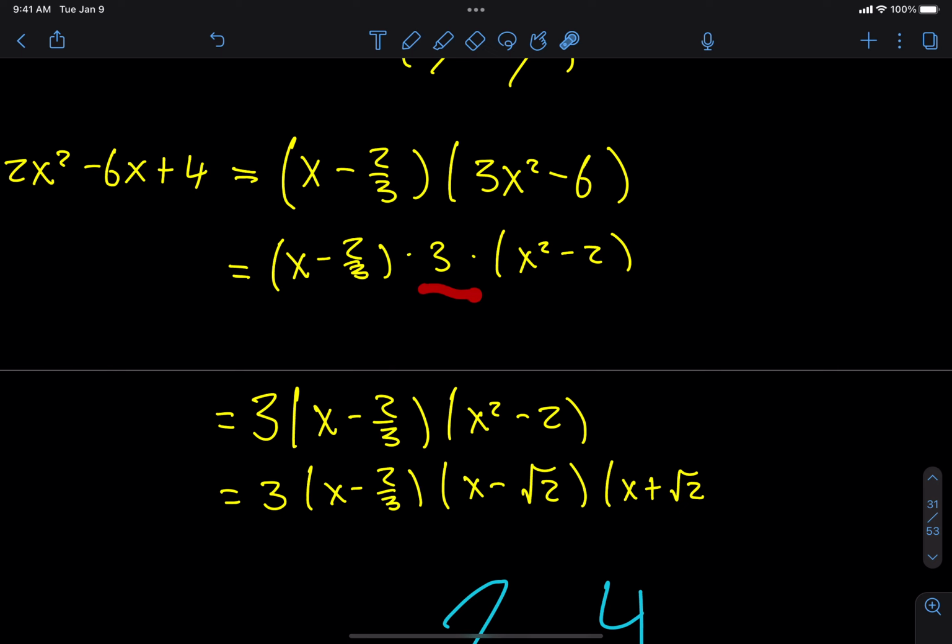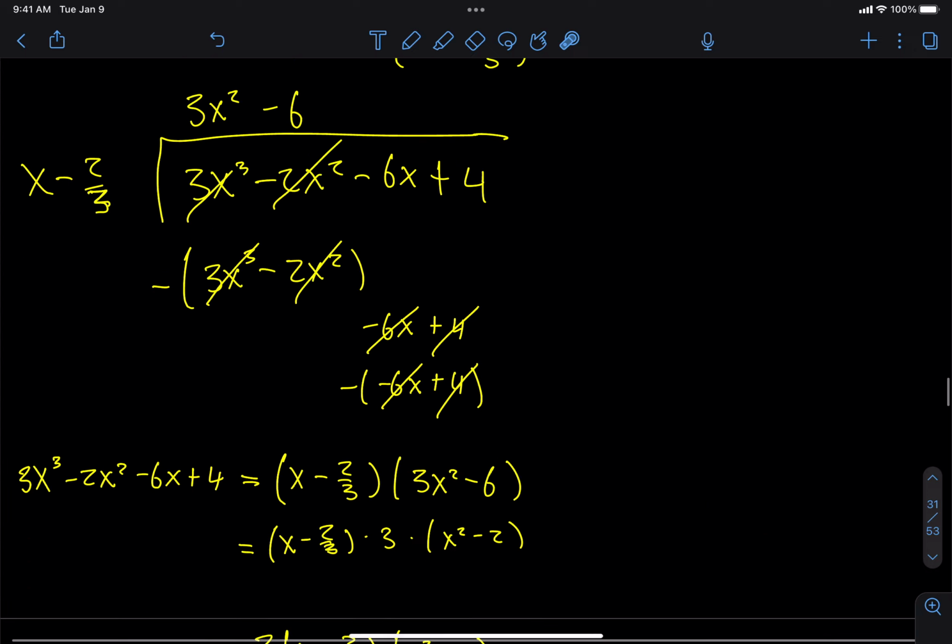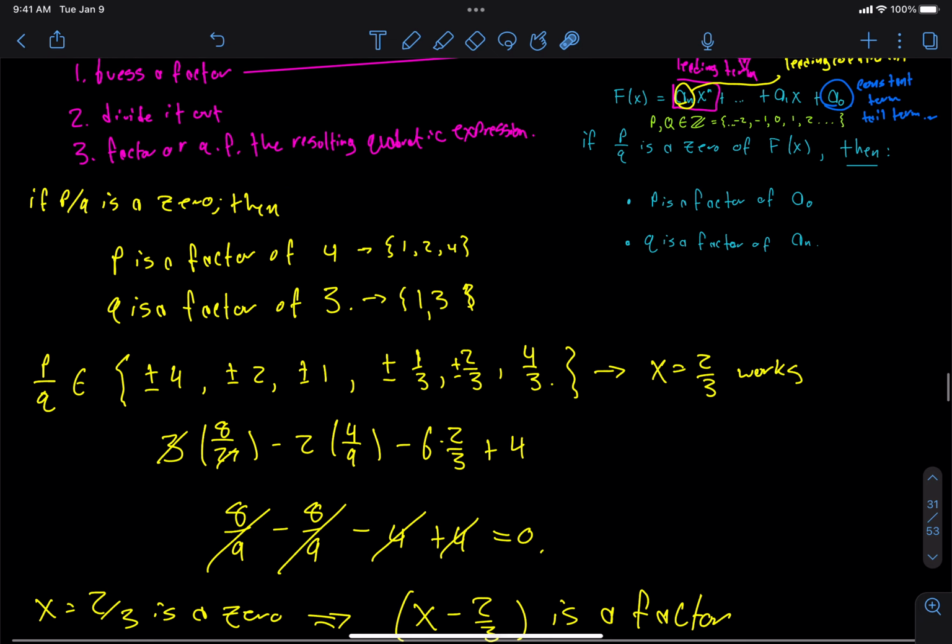No, that's fine. If you want to keep it here and you had 3 here and not here, that's fine. No worries. I just think it's friendlier to the eye, as it were, to look at it like that, in my opinion. Okay, so that's a rational root test problem.